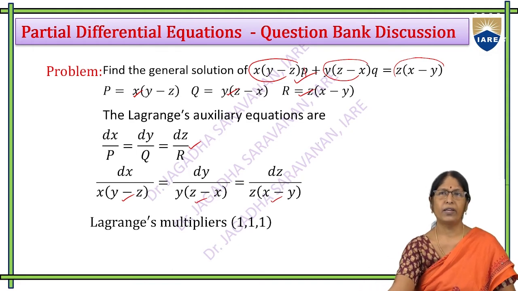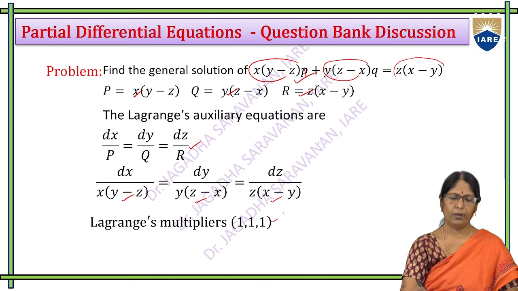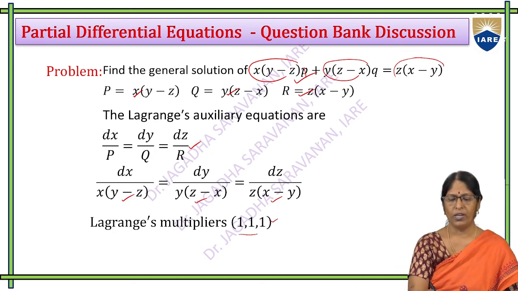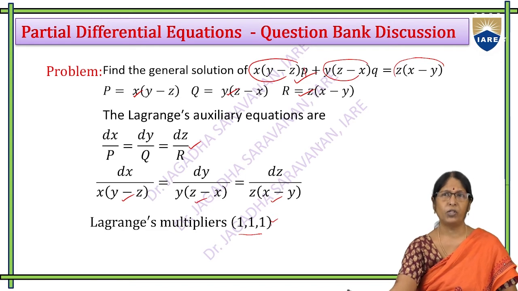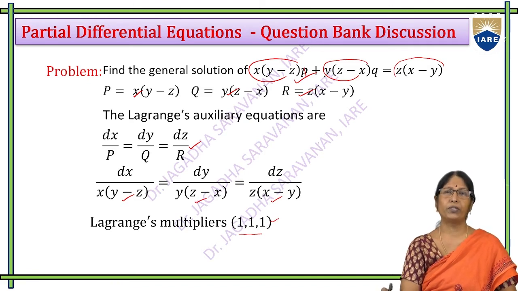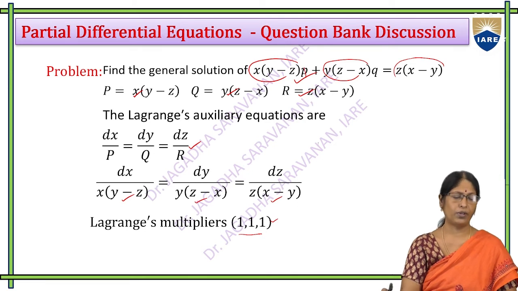Now, the same Lagrange's linear equation can be solved by another method, Lagrange's multipliers. Now, here we have taken the multipliers 1, 1, 1. On what basis? Why do we have to take specifically 1, 1, 1? Why can't we take 2, 3, 5? It's a genuine doubt.